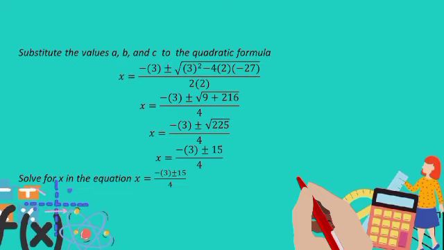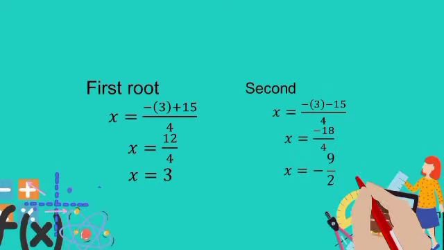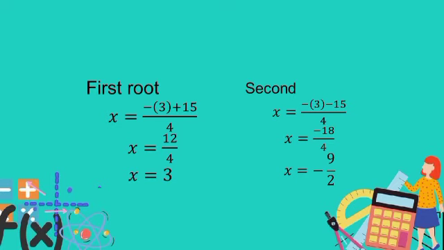Do we already have our value of x? Not yet. So let us separate negative 3 plus 15 all over 4 and negative 3 minus 15 all over 4. So let's have first negative 3 plus 15 all over 4. Negative 3 plus 15 equals 12, all over 4 equals 3.